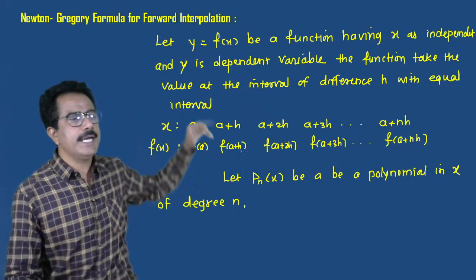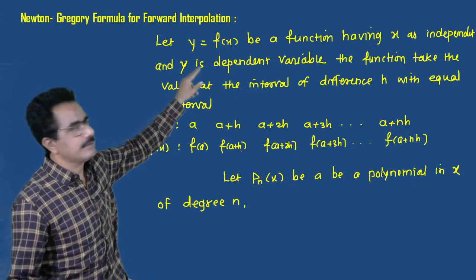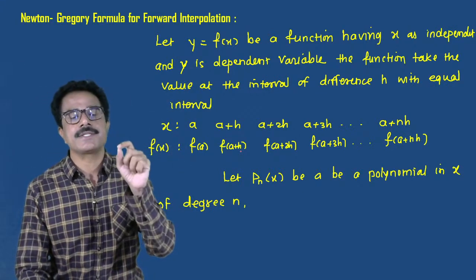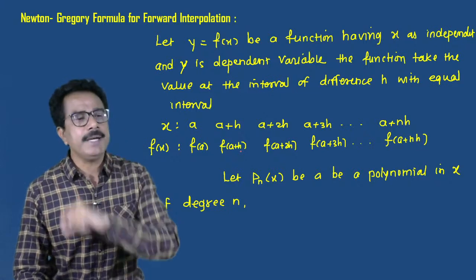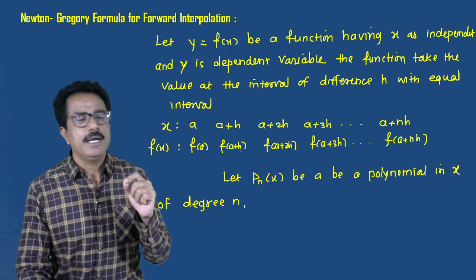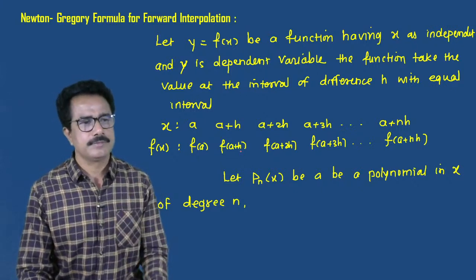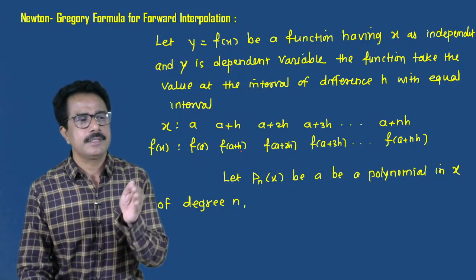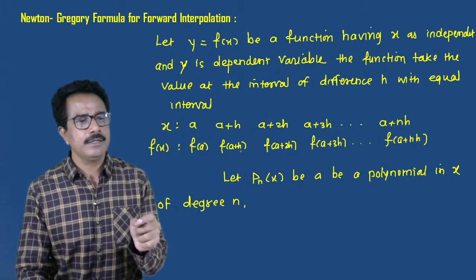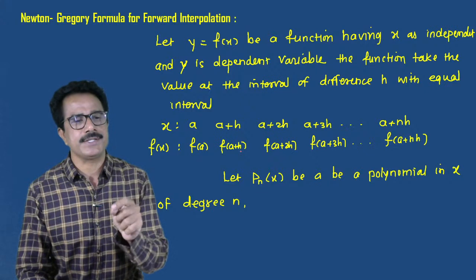Okay, now see here, let y is equals to f of x be a function having x as an independent variable and y as a dependent variable. The function takes values at the interval of differencing h.